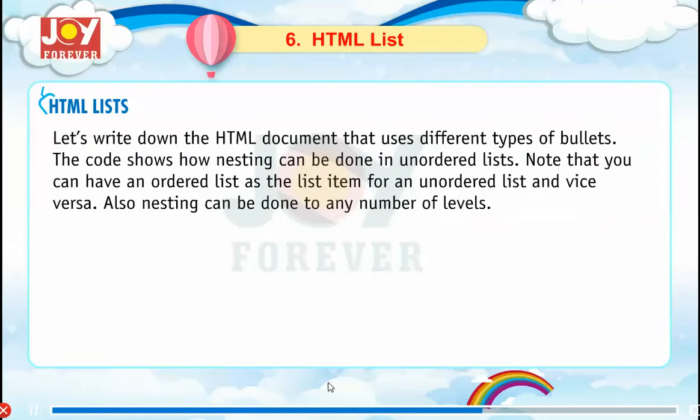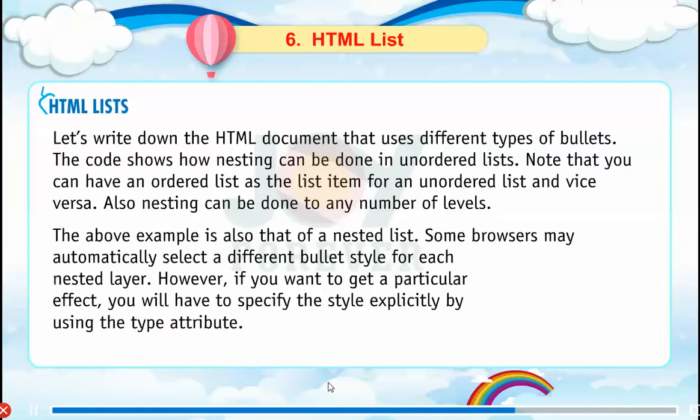Let's write down the HTML document that uses different types of bullets. The code shows how nesting can be done in unordered lists. Note that you can have an ordered list as the list item for an unordered list and vice versa. Also, nesting can be done to any number of levels. The above example is also that of a nested list.